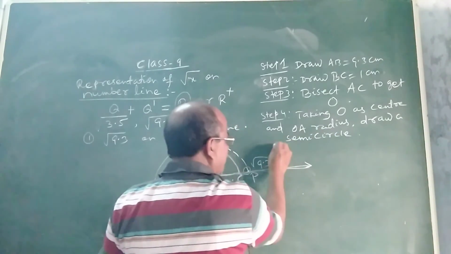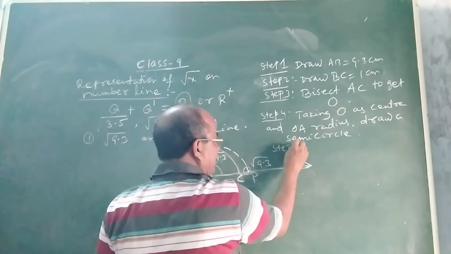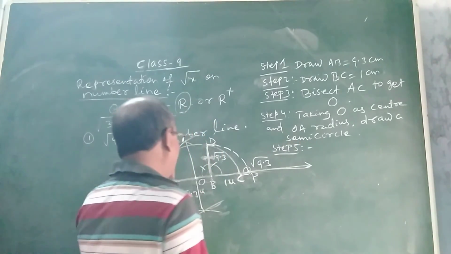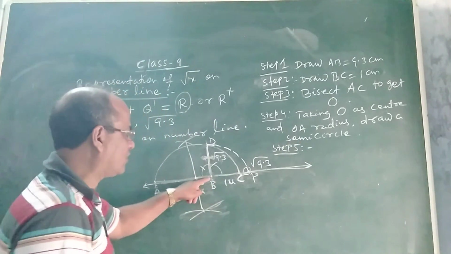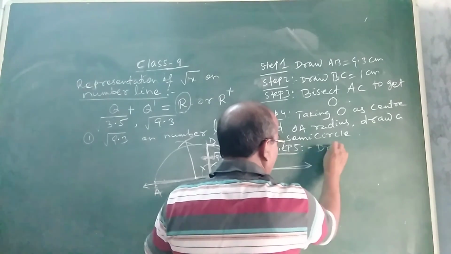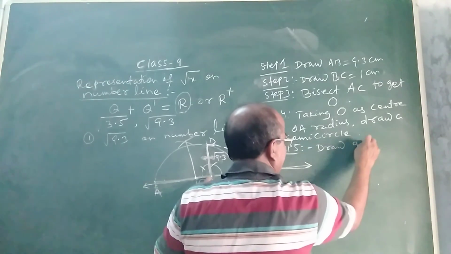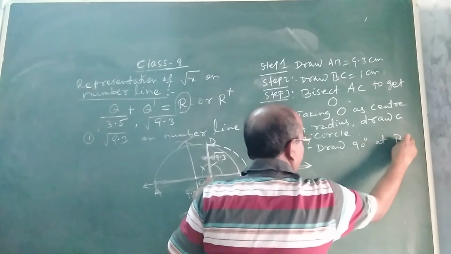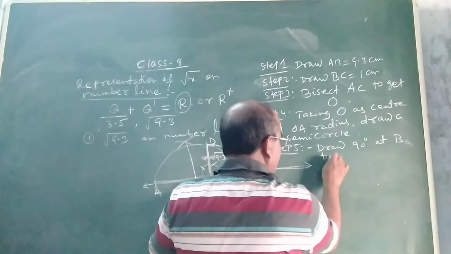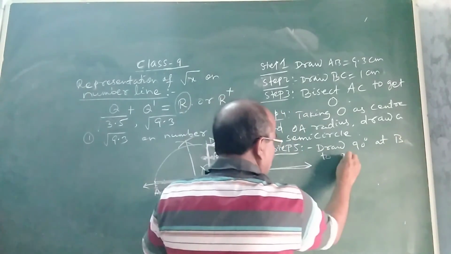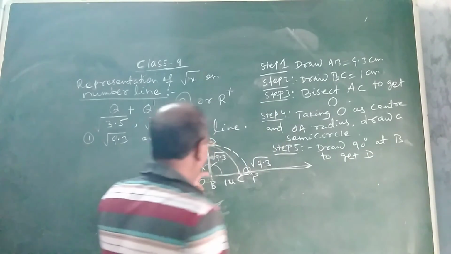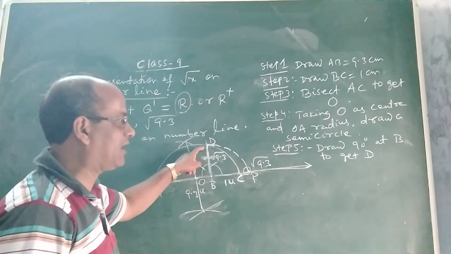Then what is the fifth step? After drawing the semicircle, I said you draw a perpendicular, a 90 degree angle at the point B, to get the point D. That means the perpendicular will intersect the semicircle at D.